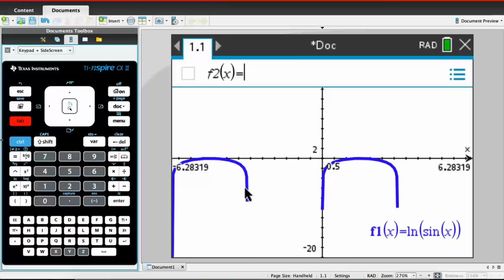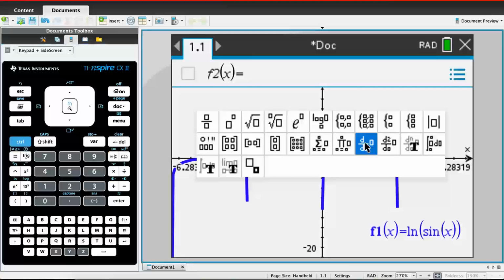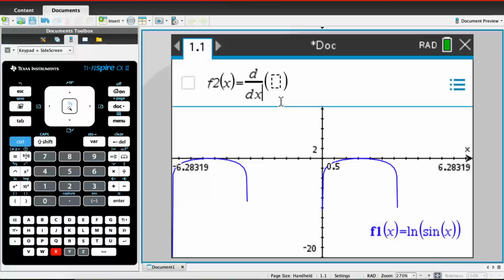I'm going to use my template and the derivative, and I want the derivative in terms of x, and my original graph was f1x.